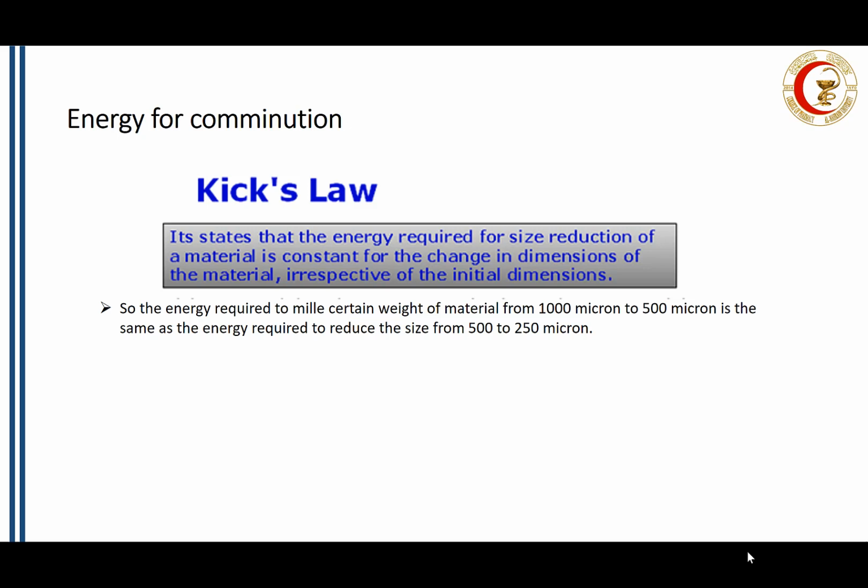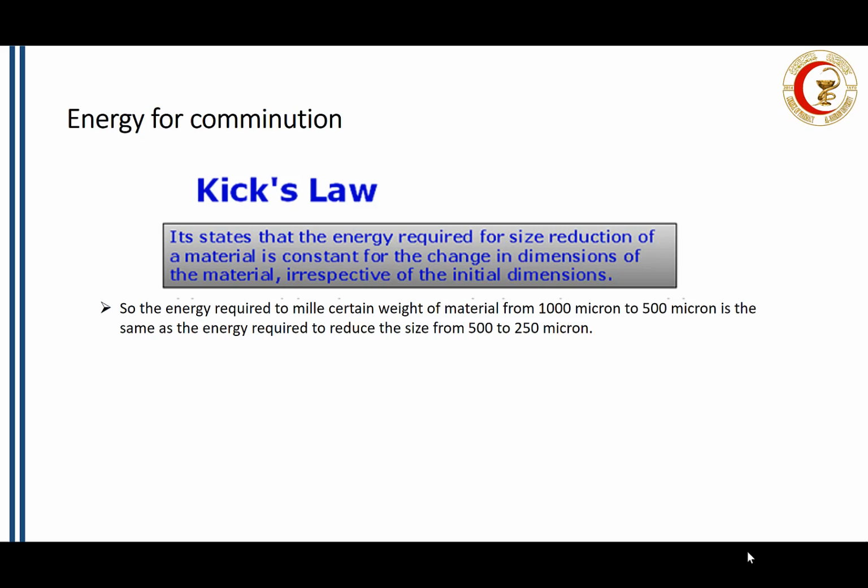What we mean is that the energy required for size reduction is proportional to the reduction ratio, that's the size of the material fed to the milling equipment divided by the size of the final product.